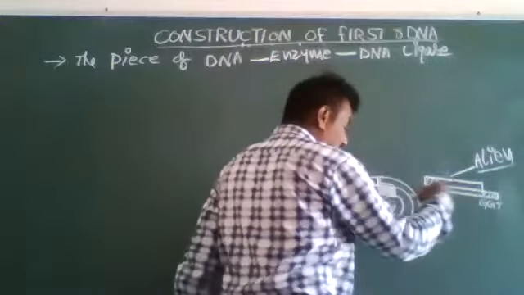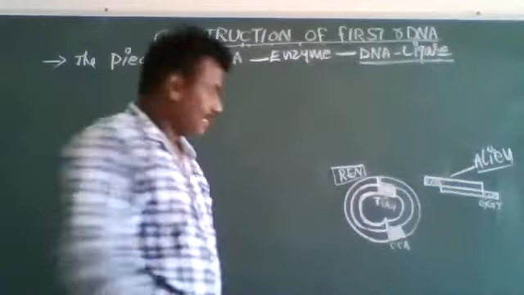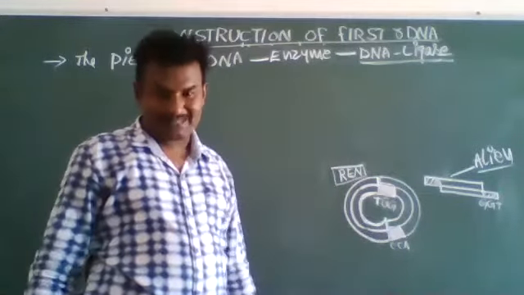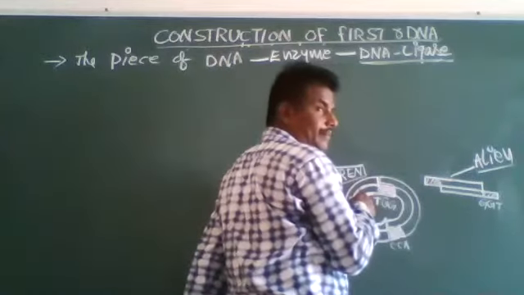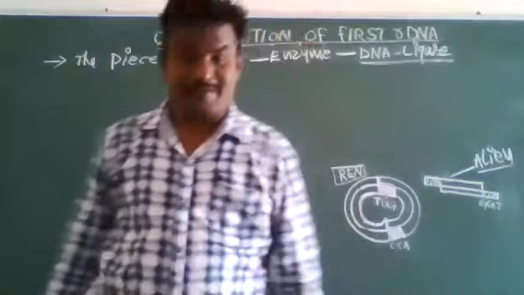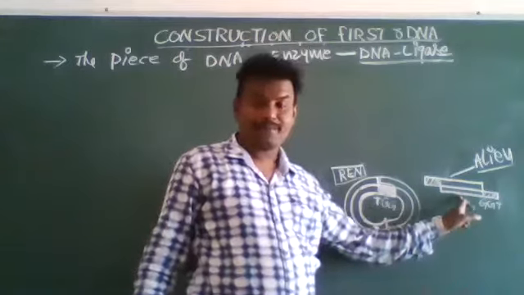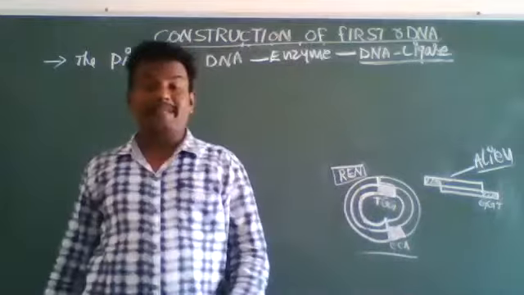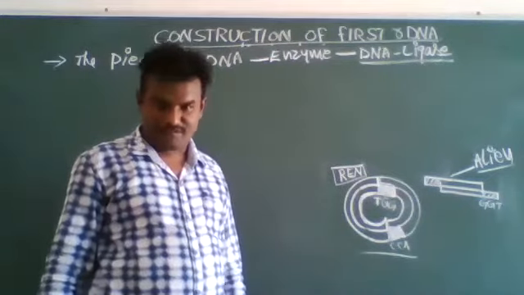When they are fixed with the help of DNA ligase enzyme, this is called an autonomously replicating plasmid. As a result of binding of a piece of DNA into this plasmid, a circular autonomously replicating new plasmid is formed.